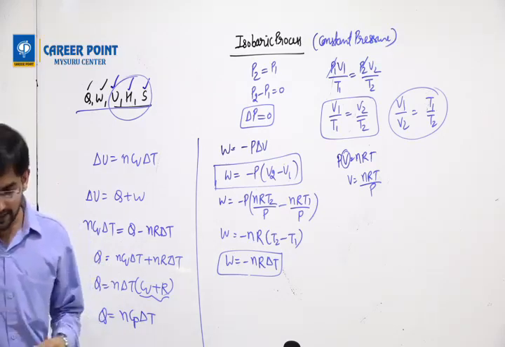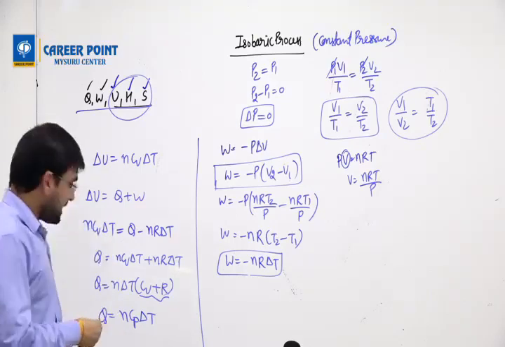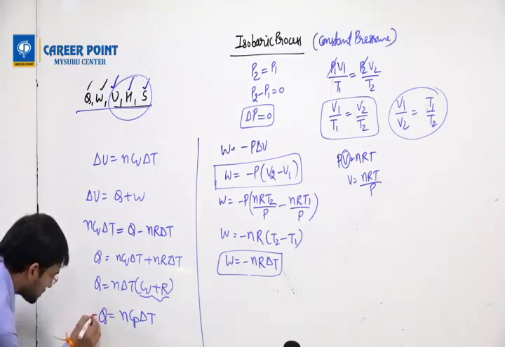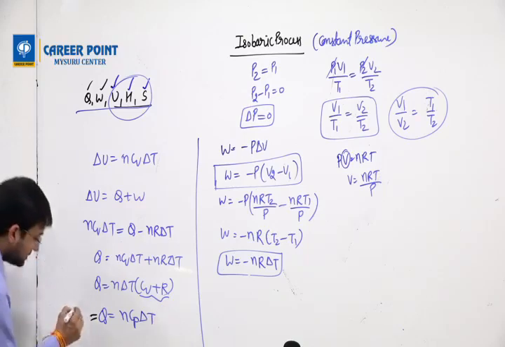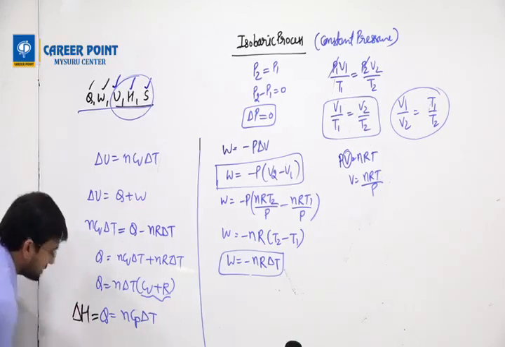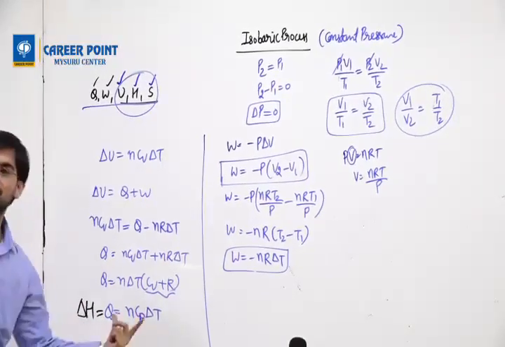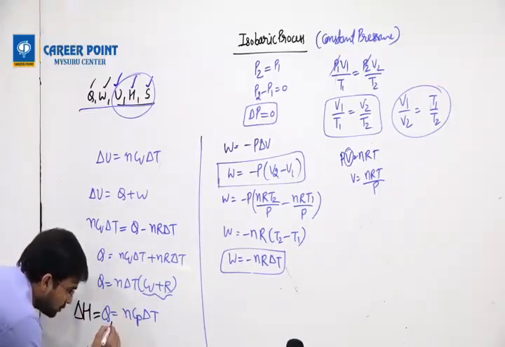Right, that is equals to delta H. So this Q, this is important point. This Q is also equals to delta H. When you write this formula, we also say QP.